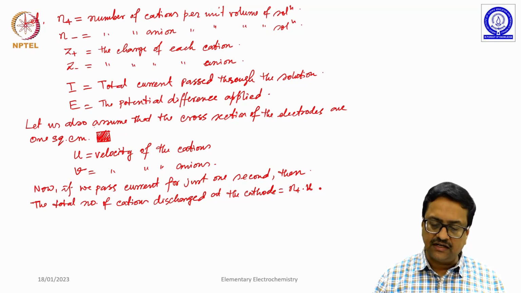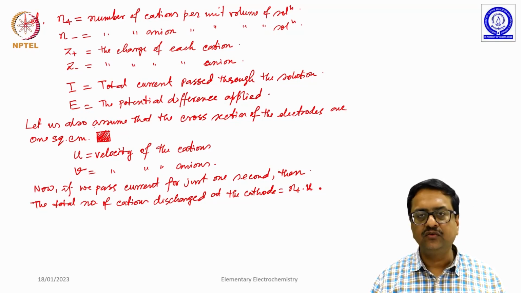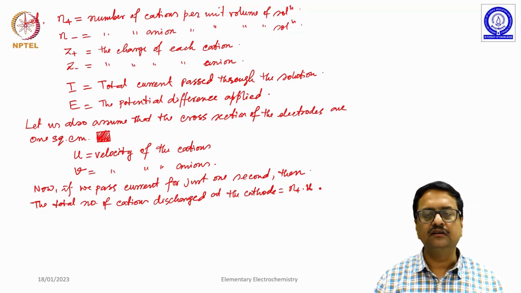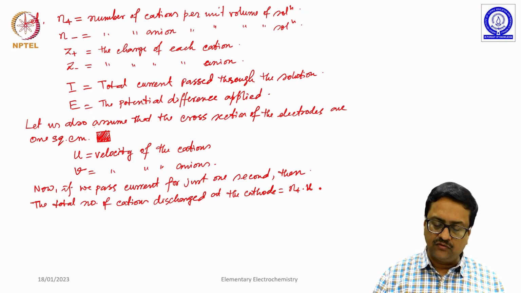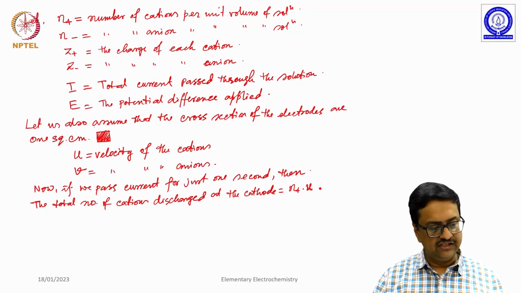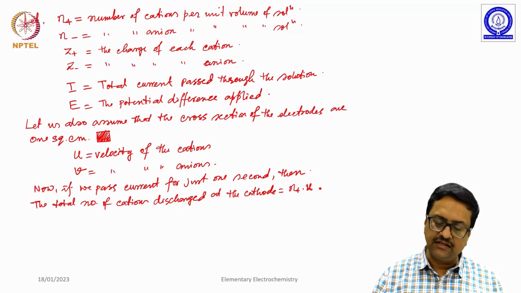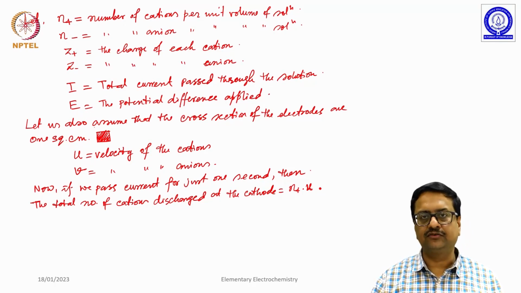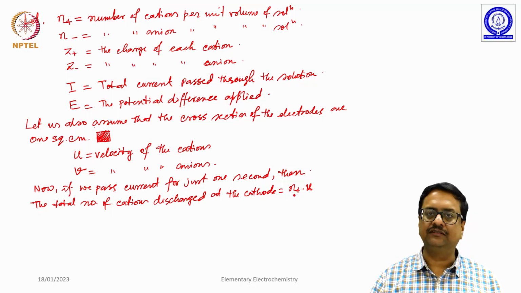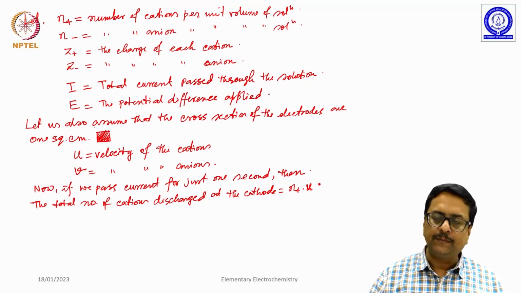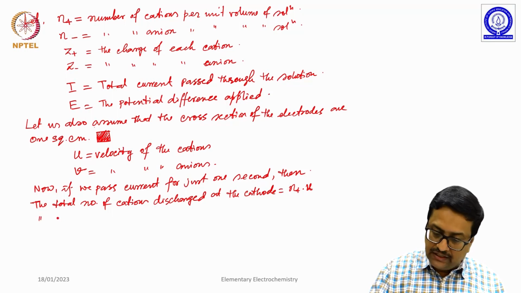Why? Because there are n plus cations present in 1 cubic centimeter volume of solution, and when you pass current for 1 second, the velocity of cation is u centimeter per second. So, whatever cations are present within a distance of u centimeter from the electrode will be able to come, and the concentration being n plus per cubic centimeter, the total number is n plus into u.